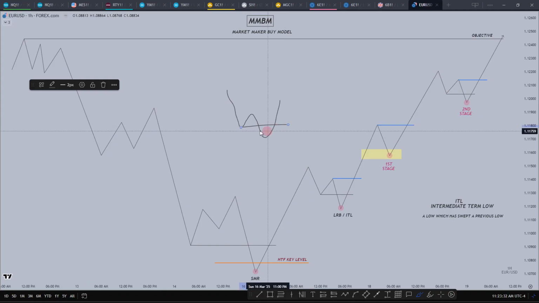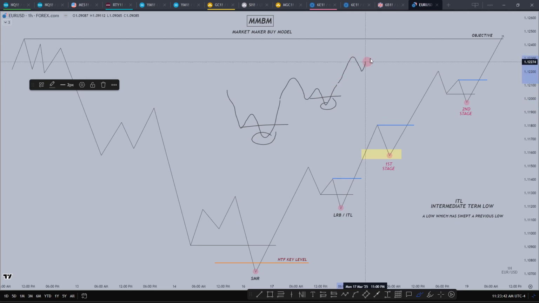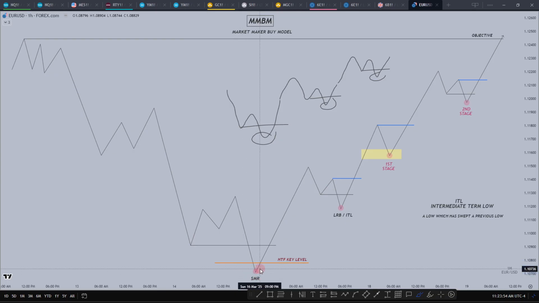But if this is the lowest low of the leg, this would be SMR. The continuation manipulation lows, this would be intermediate term low. This wouldn't be the one. This looks exactly like one, but this is the one that formed the reversal. So this would be SMR, long term low. You don't need to learn about long term lows, short term lows.